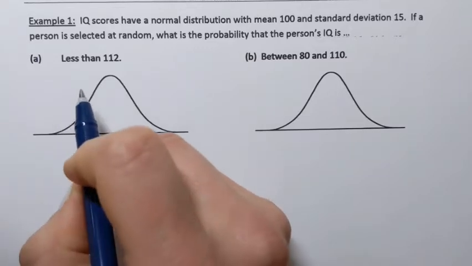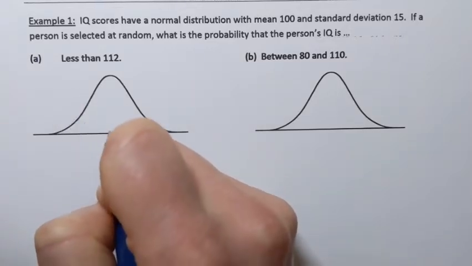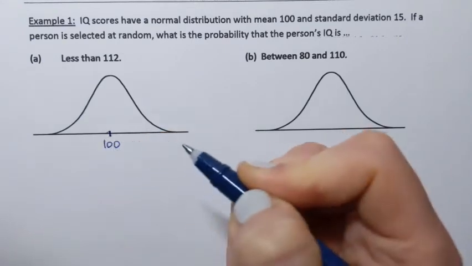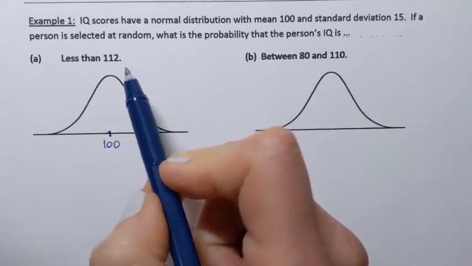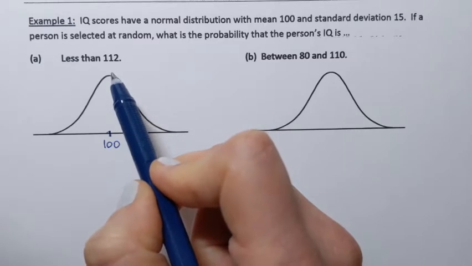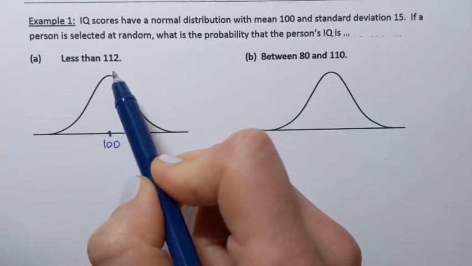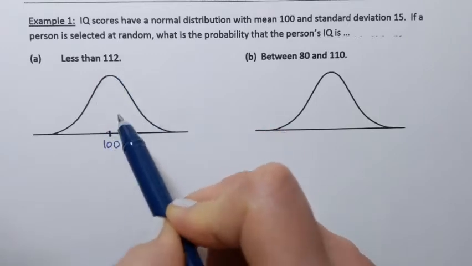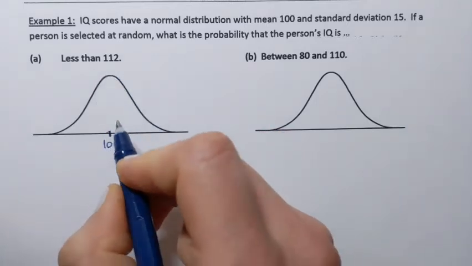So we know that the mean is 100, and for the normal distribution, it's right at the middle, 100. And we're interested to find the probability that the randomly selected person would have an IQ that's less than 112. I'm going to label 112 on this picture.